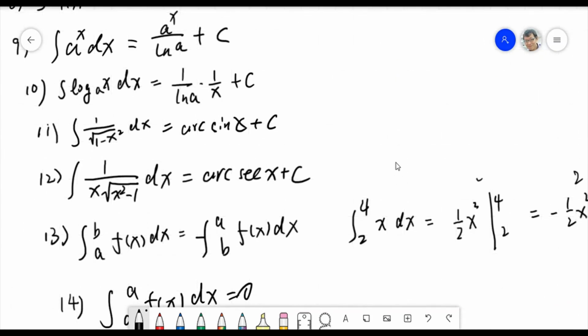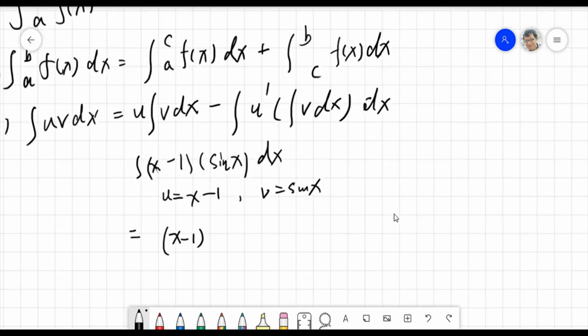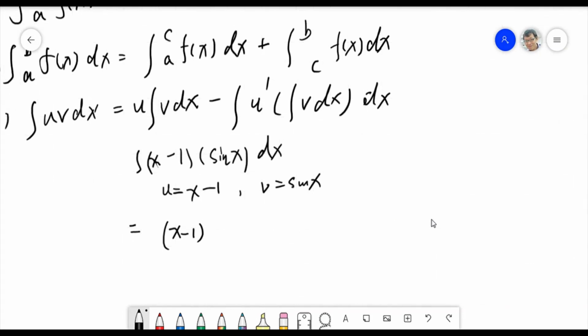Sorry, I cannot say I have a good memory, so I have to check. Anyway, I will omit all the C first, but finally I will add a C, okay? Because if you always put the C here, it will be very confusing. So here it will be negative cosine x.